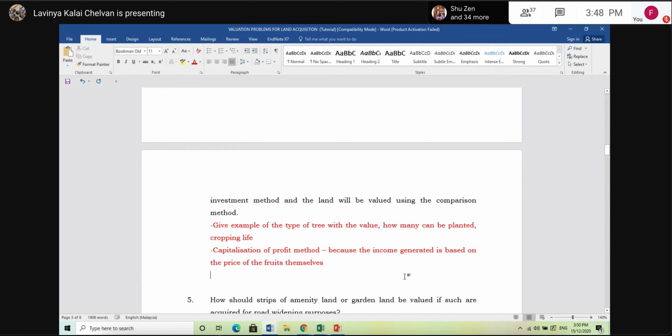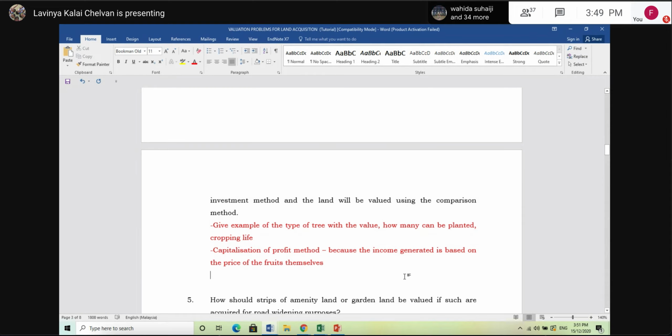But just like Lavinia mentioned just now, after we calculate the profit yield or the capitalization of profit method of the fruit, we will compare the land as it is reckoned with the surrounding agricultural land, and do some adjustment according to certain criteria, and then add up together to get the value. So this is how the actual land can be valued.